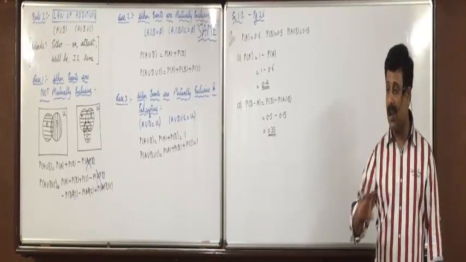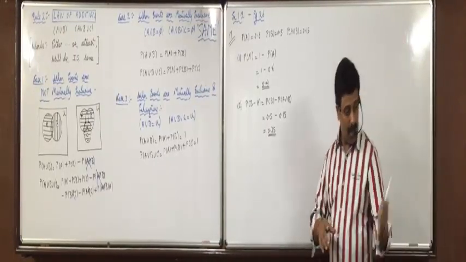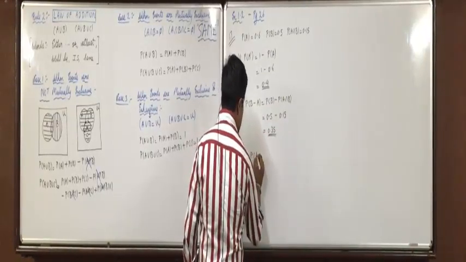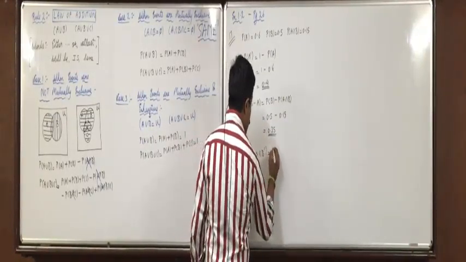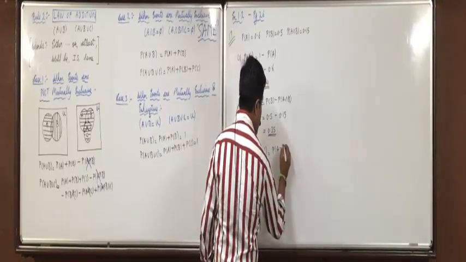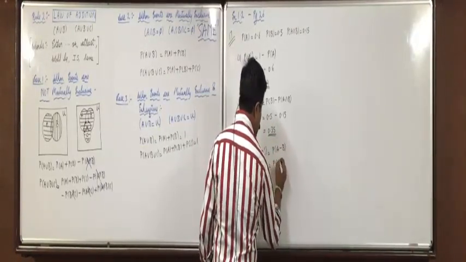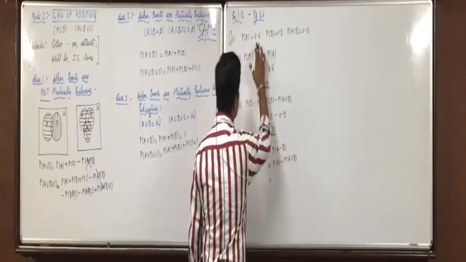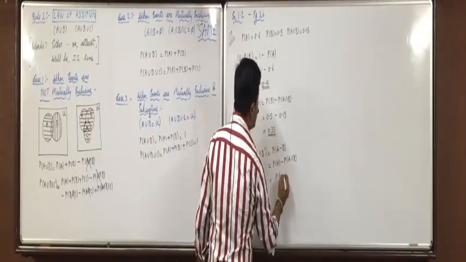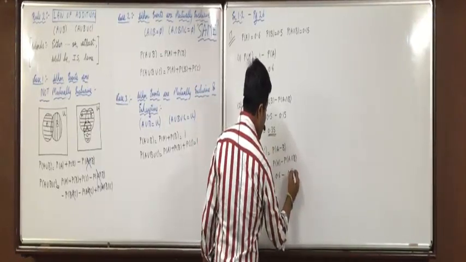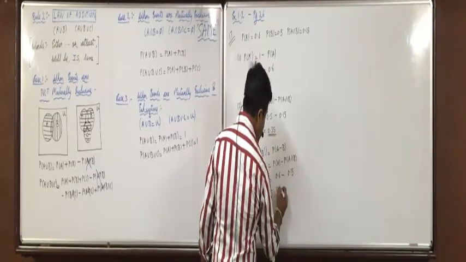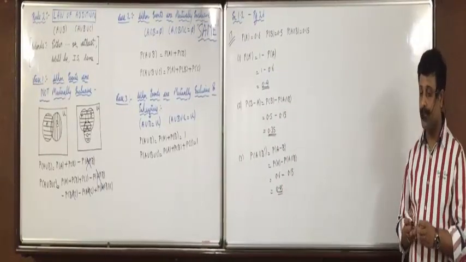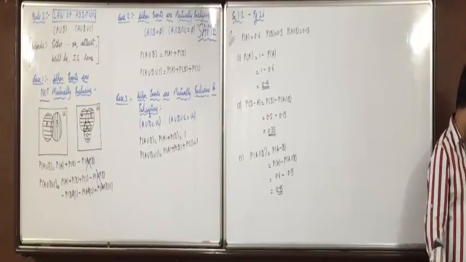All 4 things mean one and the same. I made you write it in the notes. So P(A intersection B not) is equal to P(A minus B), which is equal to P(A) minus P(A intersection B), which is equal to 0.6 minus 0.15, that is equal to 0.45. Got it, everyone? Everything we have written in the notes perfectly well.